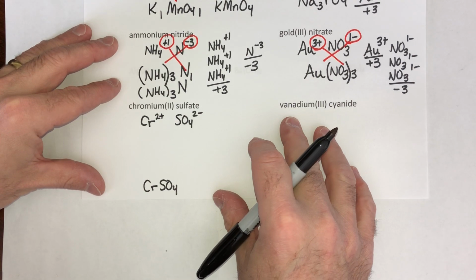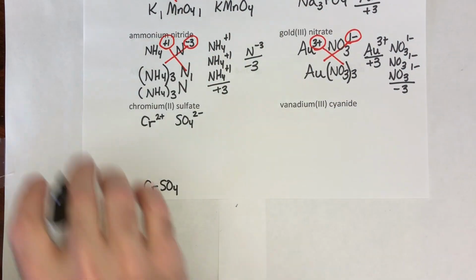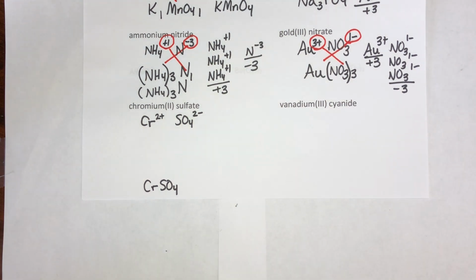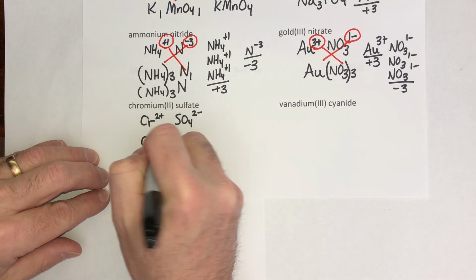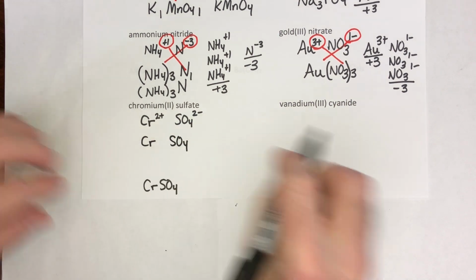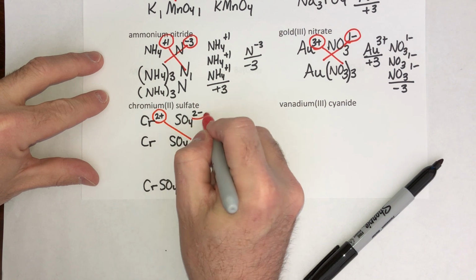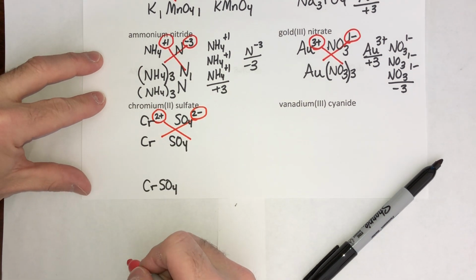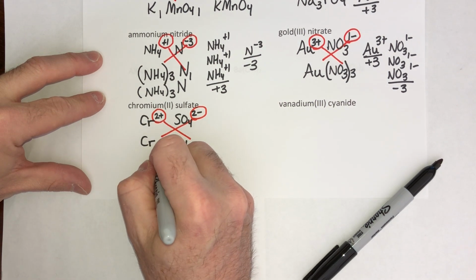But let's say that you're very much a take-the-charges-and-cross-them kind of person. You'd like to be able to do that. So let's do that. Chromium, sulfate. Let's take the charges, cross them, and tell us how many we have. Because the sulfate's a 2-, that gives me 2 chromiums.